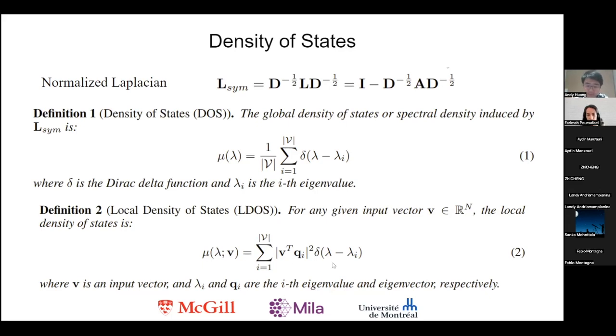And the local density of states will compute your input vector v transpose times qi. Qi is the eigenvector corresponding to the eigenvalue in this bin, the eigenvectors corresponding to the eigenvalues in this bin.